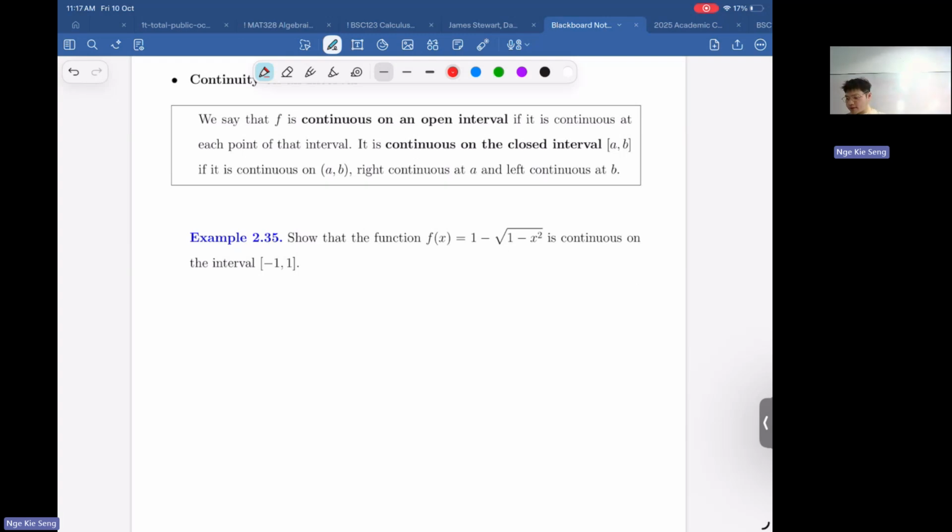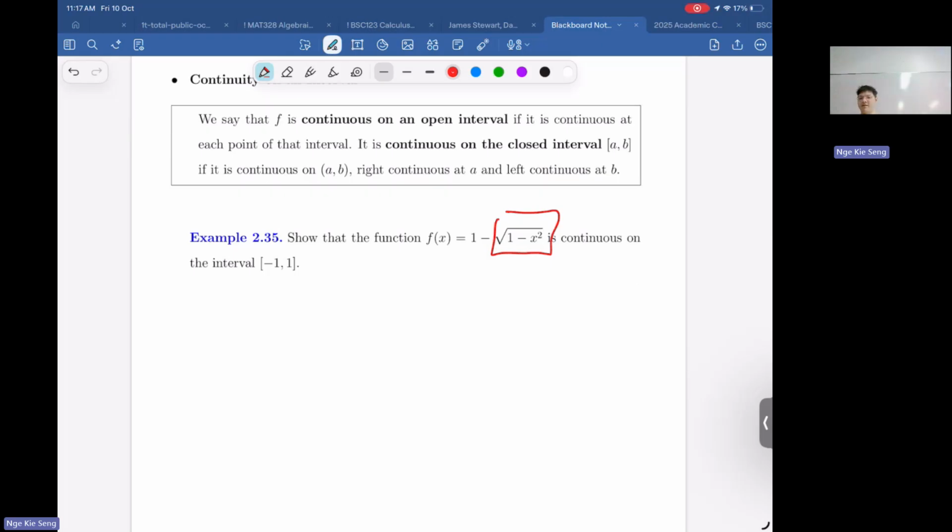Okay, I think 1 minus is a pretty normal operation that you do to a function. If you minus this whole part here, the square root function, what you get is the reflection across the x-axis, and then the 1 will add 1 to your y-axis. So you shift up.